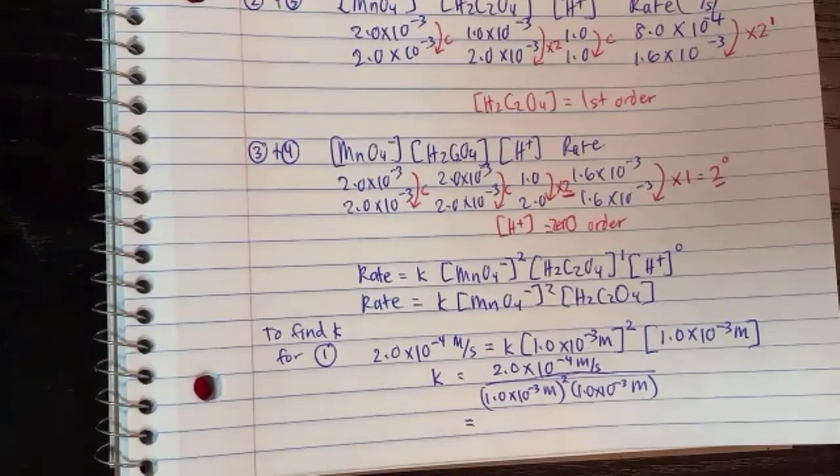So you have to take 2 times 10 to the minus 4 divided by, and then put your brackets in, okay? 1 times 10 to the minus 3, and then cube that number. It's not 200, it's actually bigger than that.